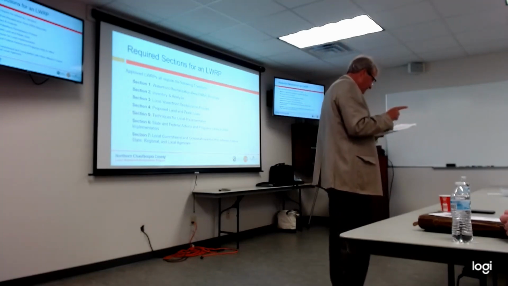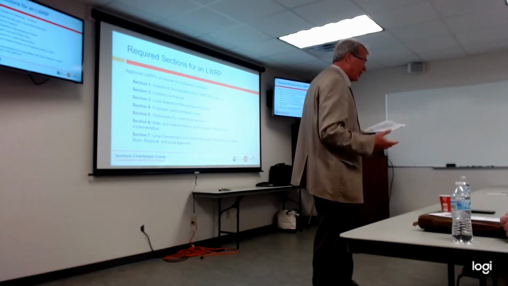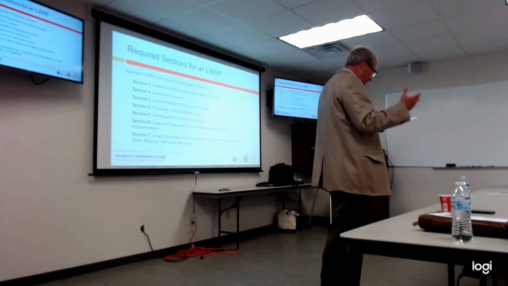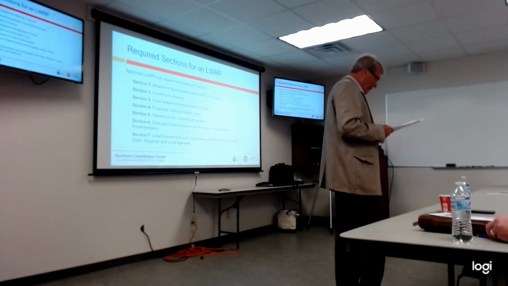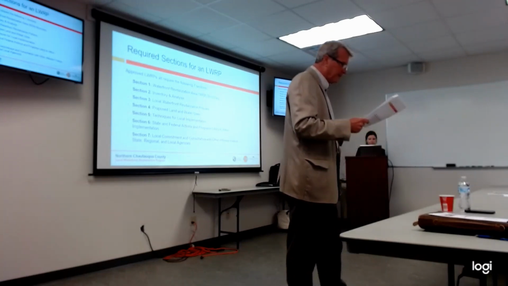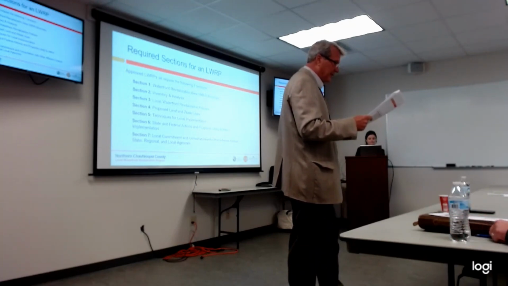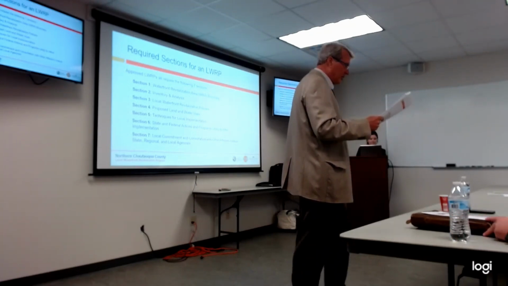And then there are proposed land and water use projects, so projects that are identified within each one of these. Then there are techniques for local implementation, state and federal actions and programs, and then local commitment and consultation with other affected federal, state, regional, and local agencies.